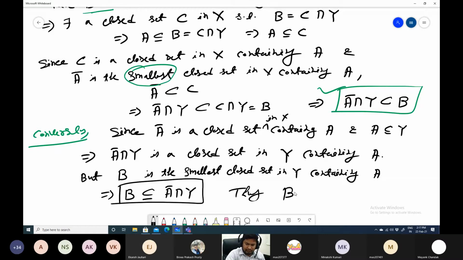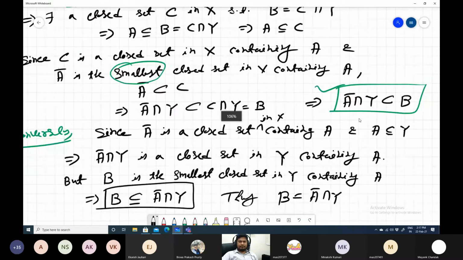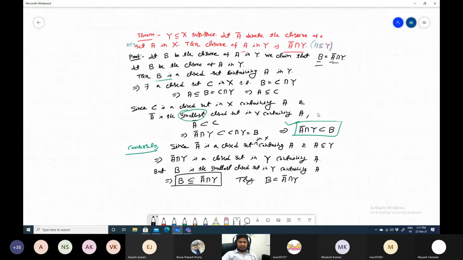Thus B equals A closure intersection Y. That is the simple proof.